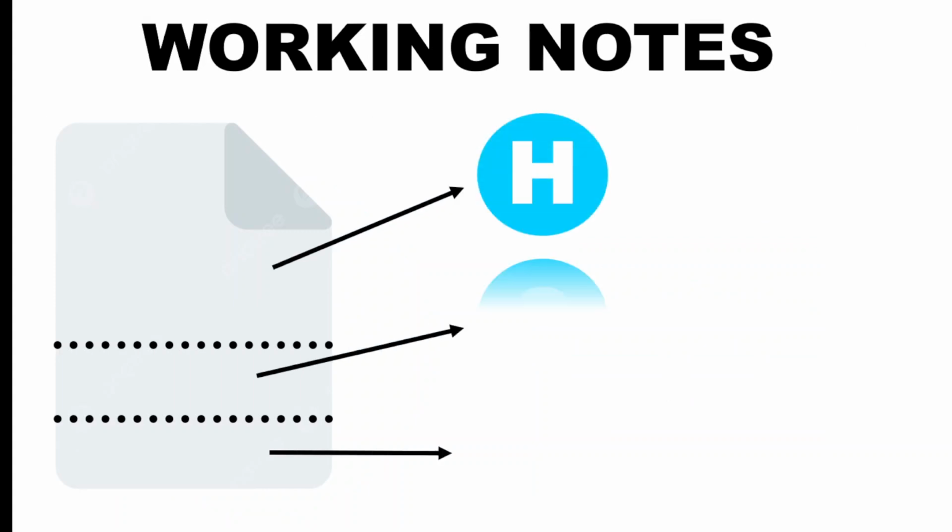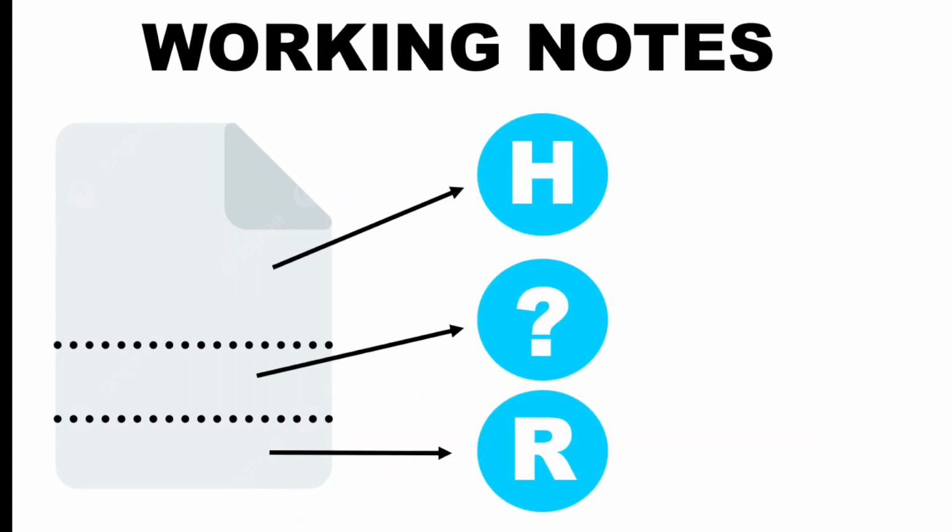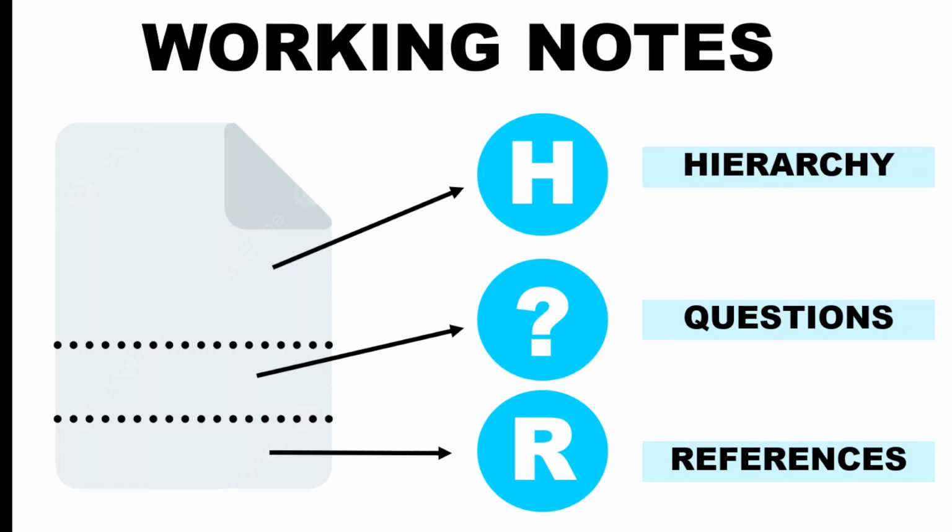Working notes are divided into three sections: hierarchy, which we formed previously, questions, which we form after self-questioning, and references. If you want, you can mention the references of the books you referred to, so that it can guide other students.